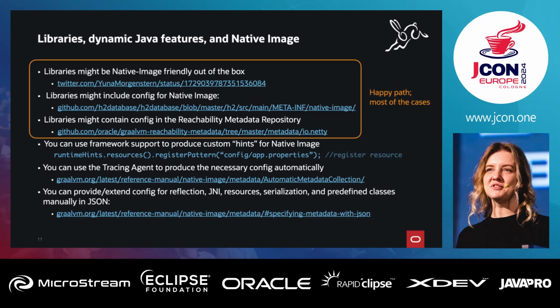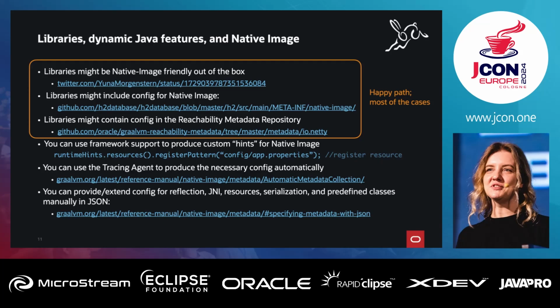I will attach the agent to that process, and I will just do what my application is supposed to be doing, such as make that call to that resource. And the agent will observe my application behavior and output this configuration file for me and put it in the directory where native image can discover it and just pick it up at runtime. So this is, I would say, a semi-automatic way to produce configuration for native image.